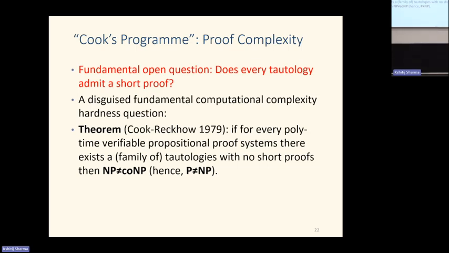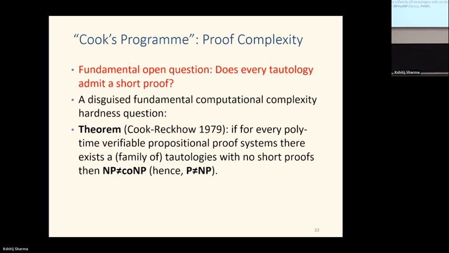And if there's no short proof for some family of tautologies, I would know that there is no proof in the theory. So I get, so to speak, an independence proof: a theorem in the theory that is independent of the theory, that cannot be proved, although it is true.